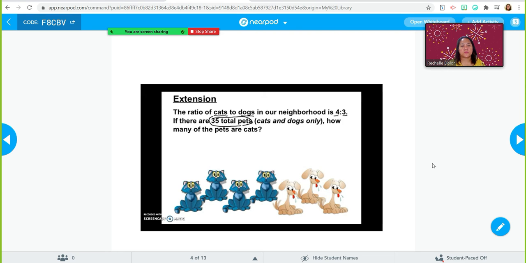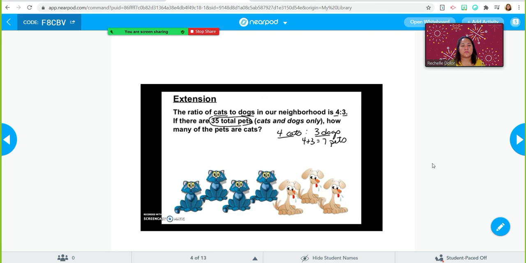So if you're given a problem like this, you probably want to take your part-to-part and start thinking about a part-to-whole. So notice there's 4 cats for every 3 dogs, but I need to figure out how many cats there are compared to how many of the pets. So 4 cats and 3 dogs means a total of 4 plus 3 is 7 pets.